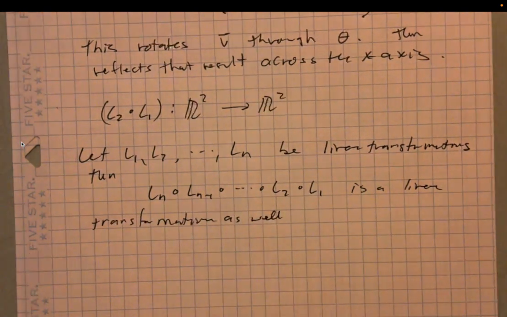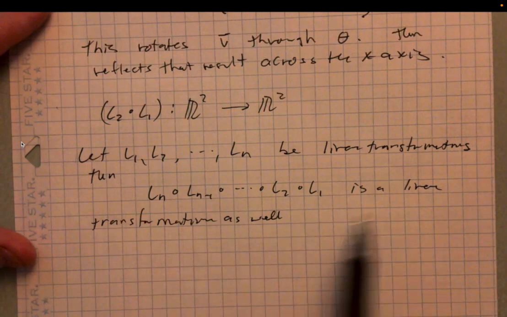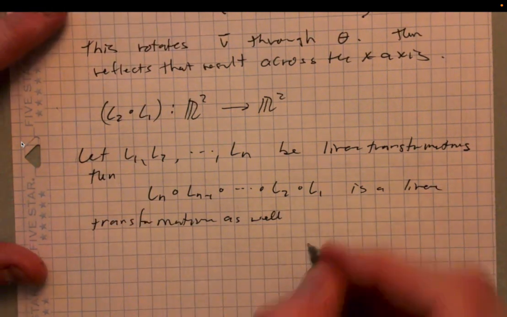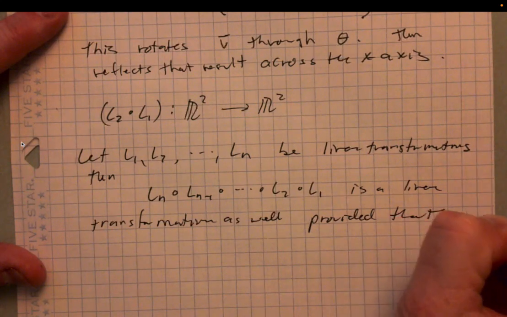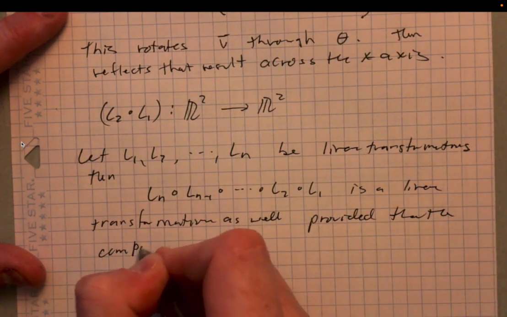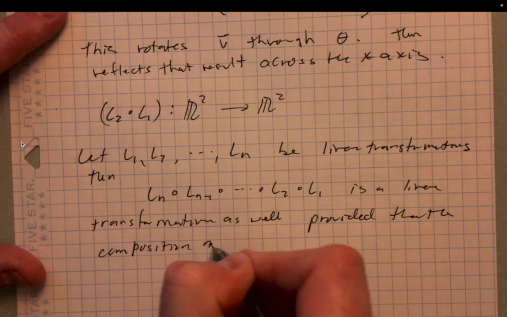Now, provided, right, that the composition makes sense. Sometimes you can't just willy-nilly take two linear transformations and compose them. The domains and the codomains all have to kind of align. But if they do align, then you do get a linear transformation automatically, right? So this is a linear transformation as well, provided that the composition makes sense.